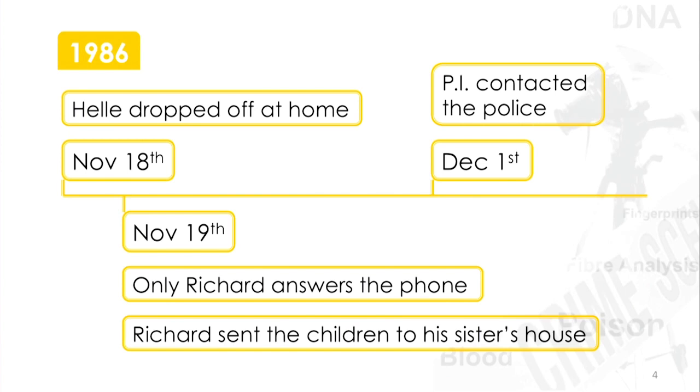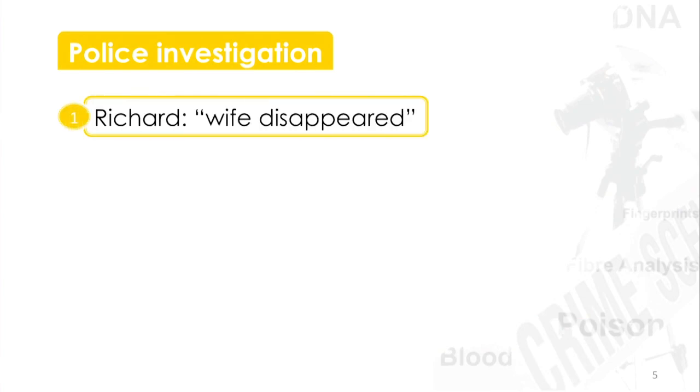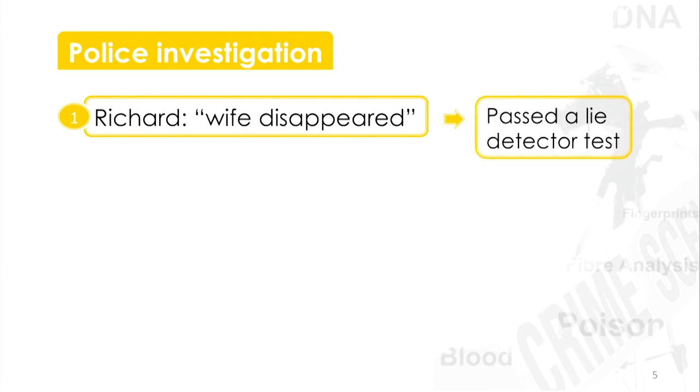And he contacts the police and gets them to investigate the case. When the police come to talk to Richard Crafts, who of course is someone they know very well because he's been a volunteer in their department, Richard claims that his wife has disappeared. She's run off somewhere. And they even get Richard to take a polygraph, a lie detector test, which he passes.